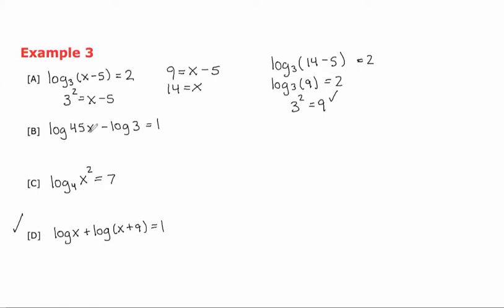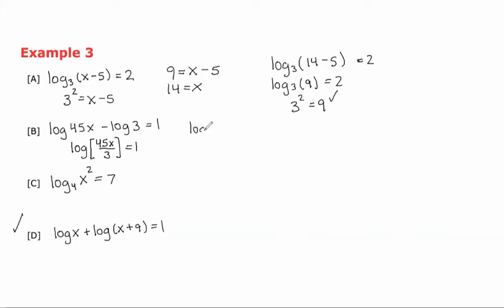Part B, I'm going to use my quotient property. So the logarithm of 45x minus the logarithm of 3 becomes the logarithm of 45x divided by 3. Well, 45 divided by 3 is 15.